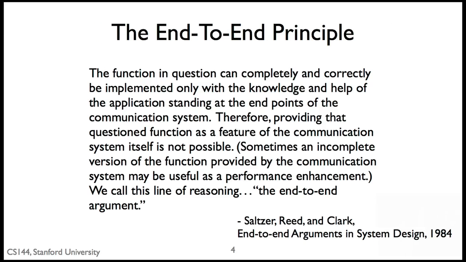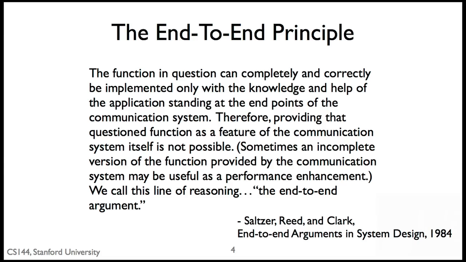So an early guiding principle for the inventors and the early pioneers of the internet was to try and create a network that was dumb and minimal, in that it would do the least that it possibly needed to do, and then push as much of the functionality and the intelligence to the edges, as close to the application as possible. And this is what is widely referred to as the end-to-end principle.